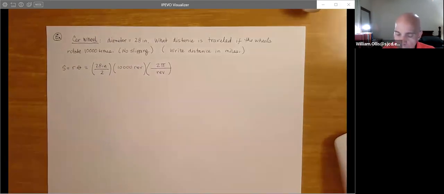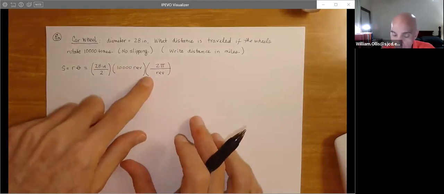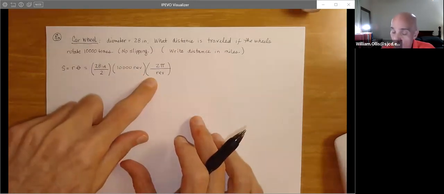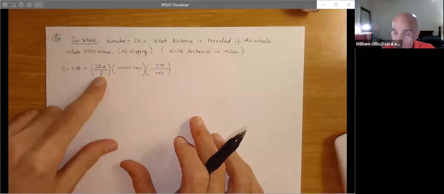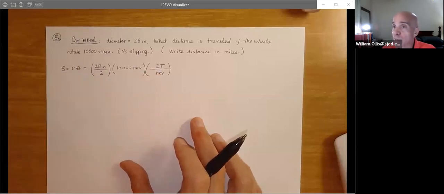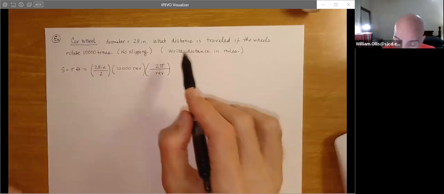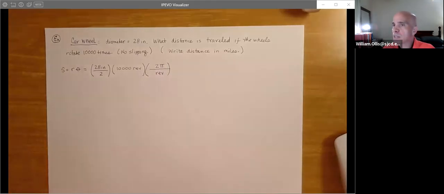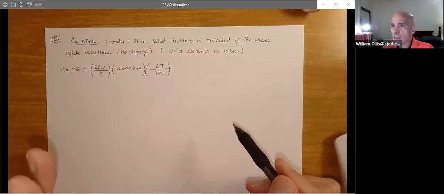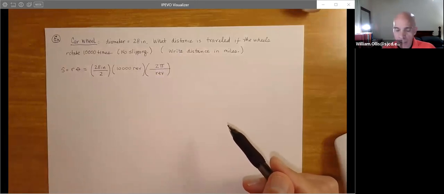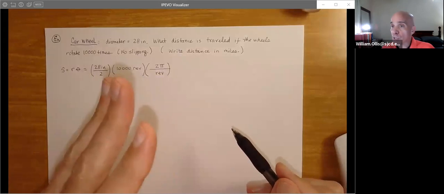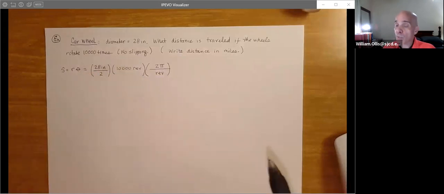Okay, so if we revolve 10,000 times, we have a conversion factor of 2 pi. Of course, the revolutions will absorb. 2 pi is pure measure, and that's inches. So that'll give us the number of inches. But if we want to convert, and here's something you can do, ladies and gentlemen, you can just write your answer in inches and then do the conversion later to miles, or we can do it all at one time.